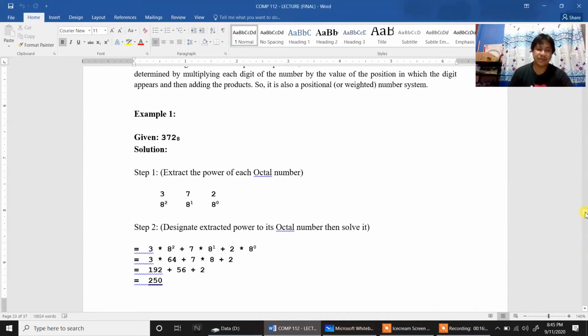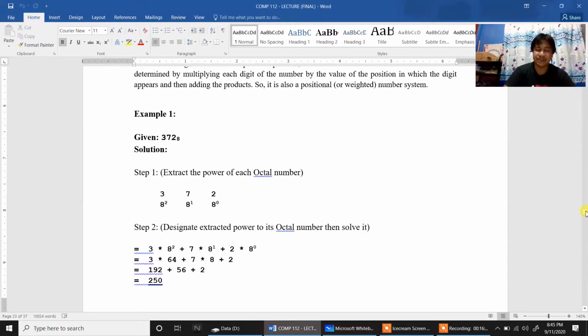Decimal. For this kind of conversion, it needs the extraction of the numbers based on the octal number system, which is base 8, then extract it on the power of each octal number.